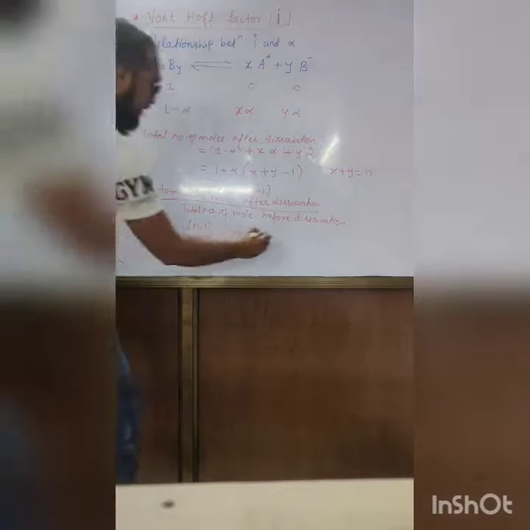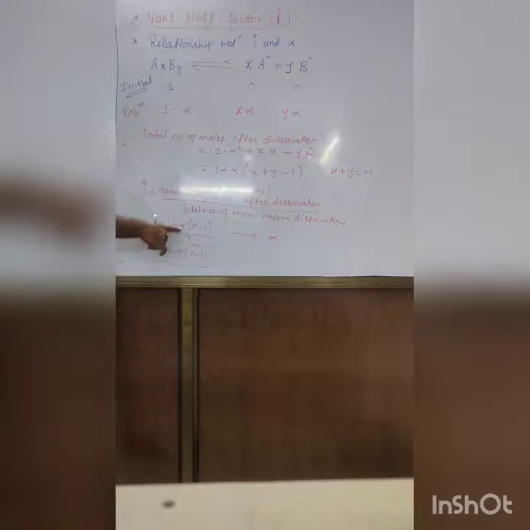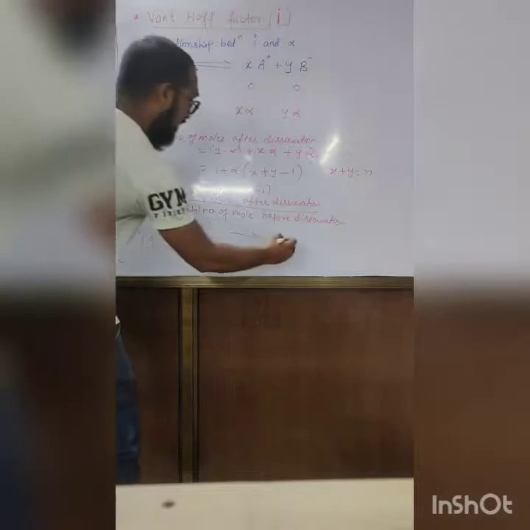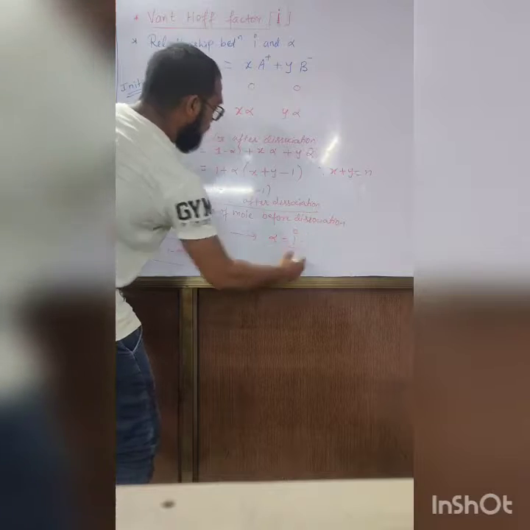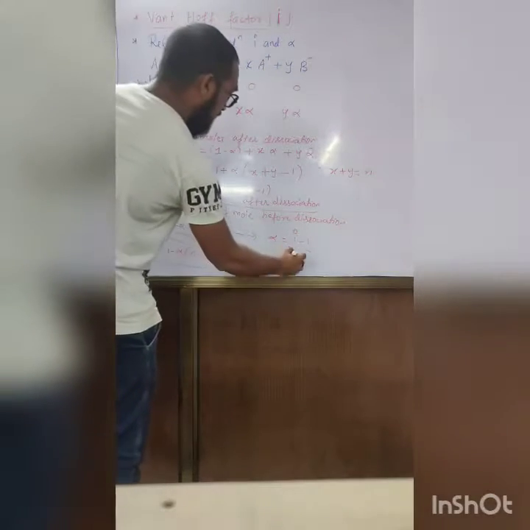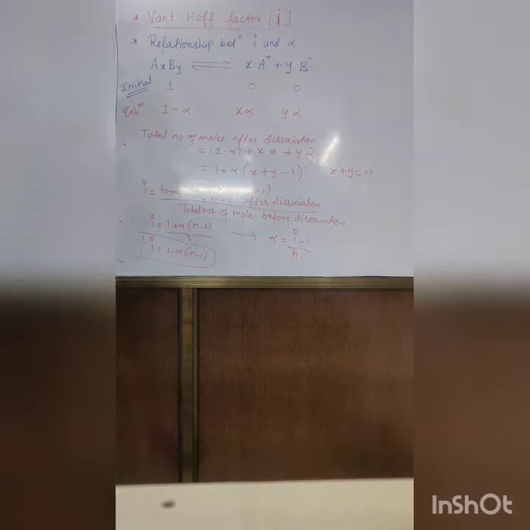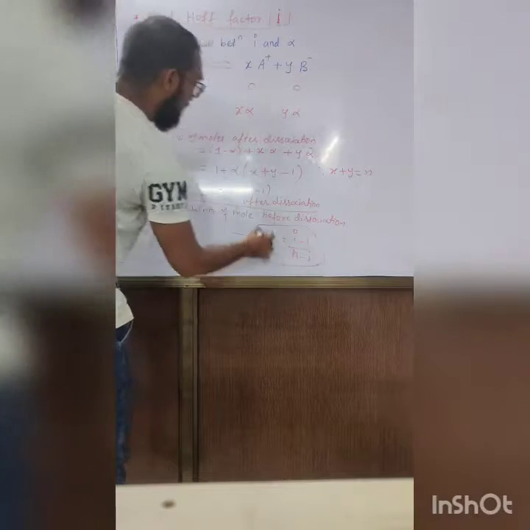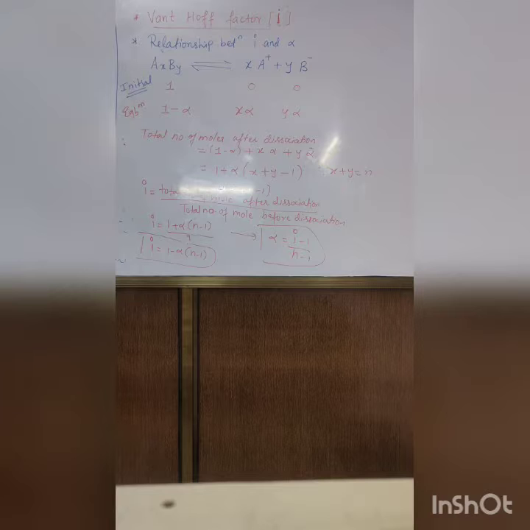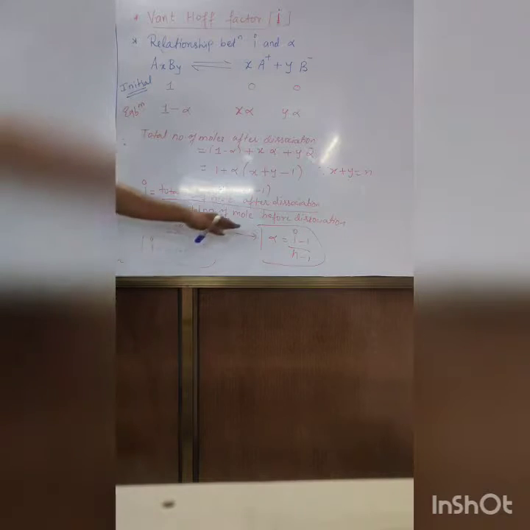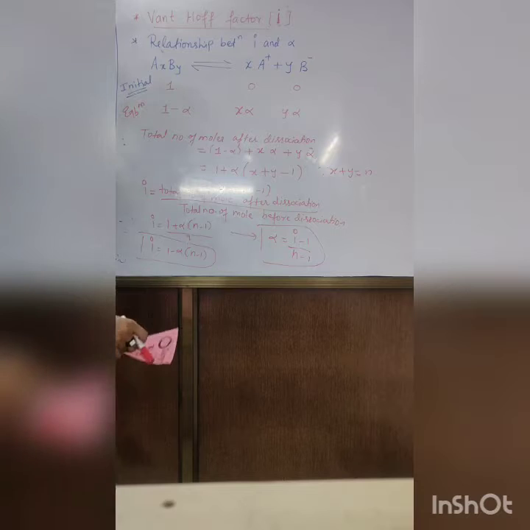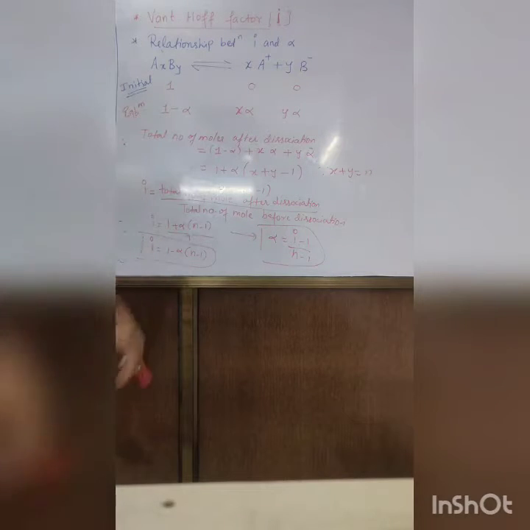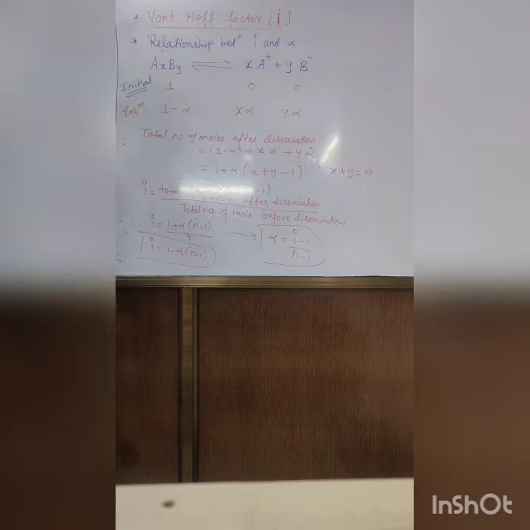Keep alpha here, we just have to arrange it: alpha is equal to i minus 1 upon n minus 1.